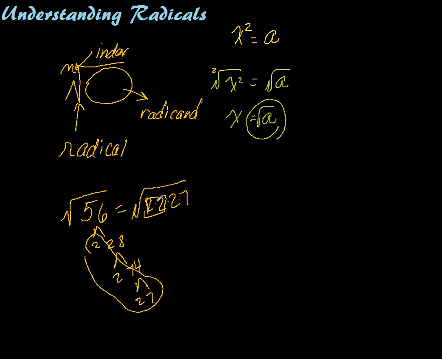Those two 2's come outside of this sign. We'll take one of them out. To simplify these, we bring whatever we can outside, and we leave whatever we can't bring out. You can't bring it out if it doesn't have 2 of them in there, because it is the square root. And I'm left with 2 times 7 inside.